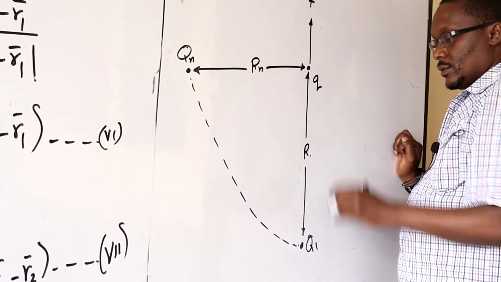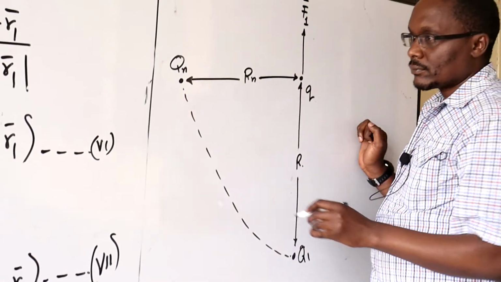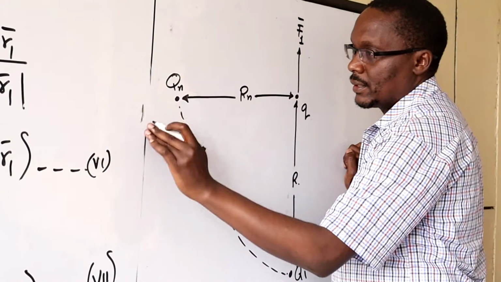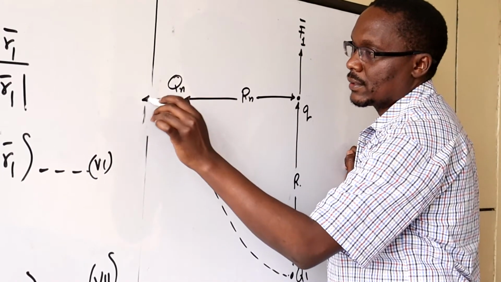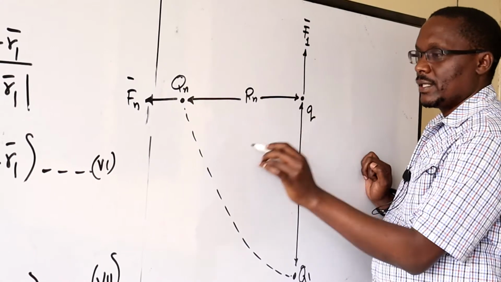The force due to Q1, let me call it F1 bar. The force due to this, let me also call that force Fn bar. So I can also generate other forces.